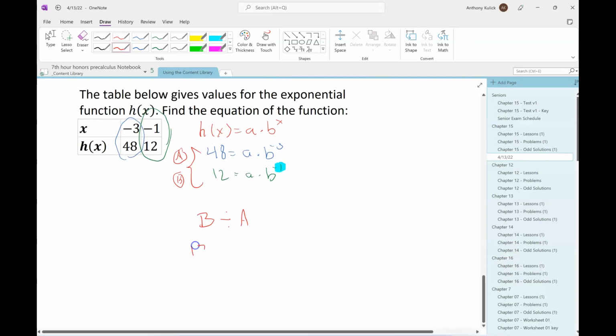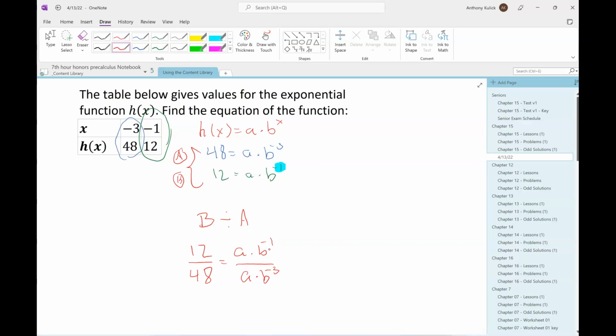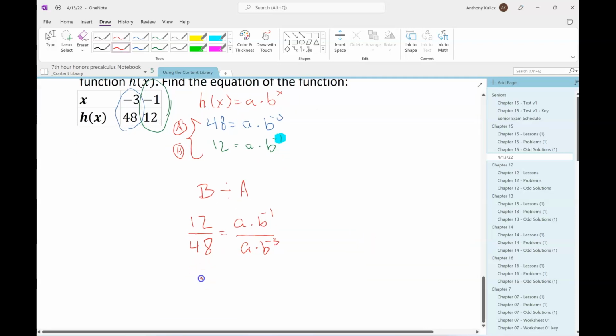So b divided by a is going to give me 12 over 48 equal to a times b to the negative 1 over a times b to the negative 3. Feel good so far? 12 over 48 reduces to 4.